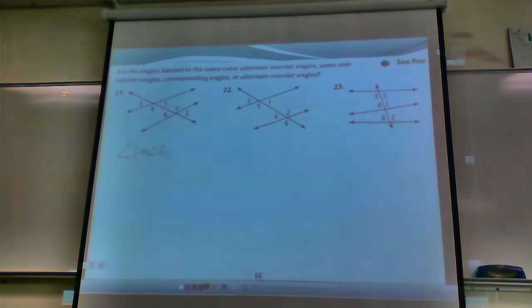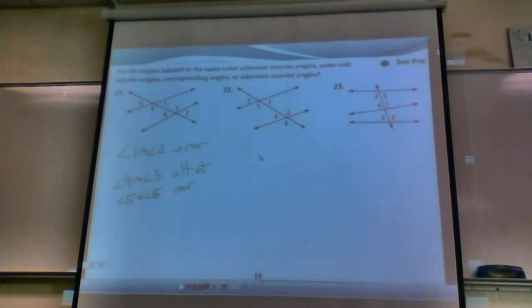So 1 and 2. What kind of angles are 1 and 2? Corresponding. Right, so the corresponding ones, what about 4 and 3? Interior. And then 5 and 6. Corresponding. Okay.